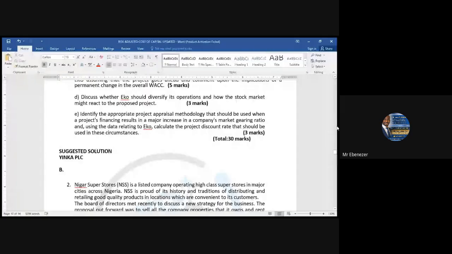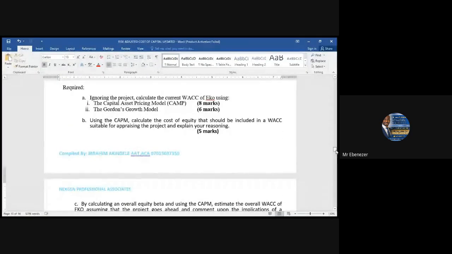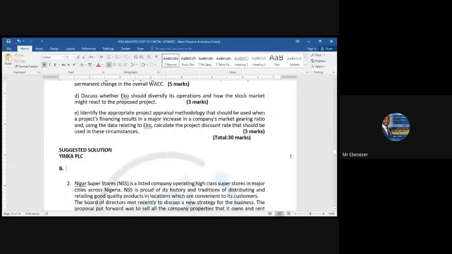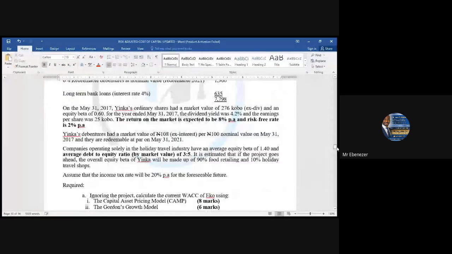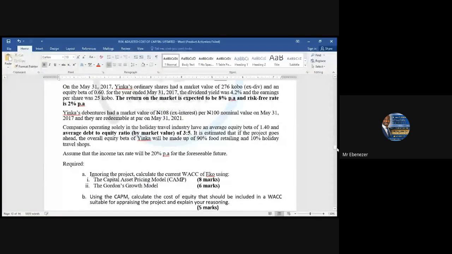So what is the required of the question? The cost of equity for the new project.